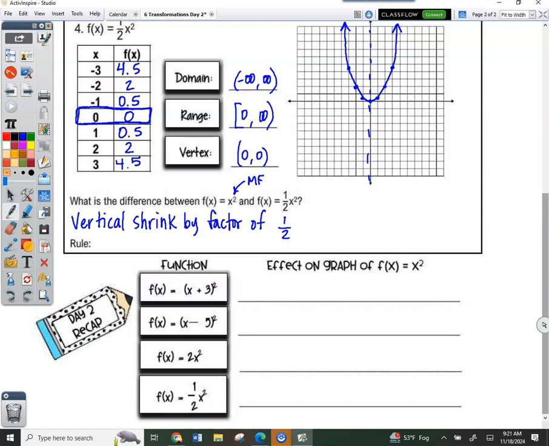Now let's come right here because this is where we sum it up. Remember on that last paper I said the bottom of this is the most important part? This is the most important part. So right here, this is x plus 3. We said that makes the graph do what? Move to the left 3.